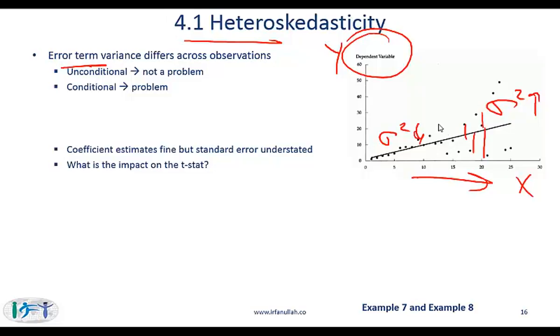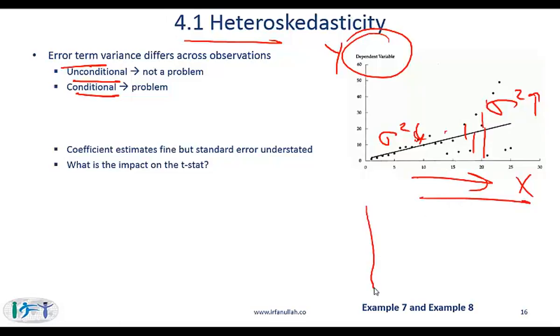Within heteroscedasticity, there are two subcategories: unconditional heteroscedasticity and conditional. Unconditional heteroscedasticity means that the variance of the error term changes, but that is not a function of x.